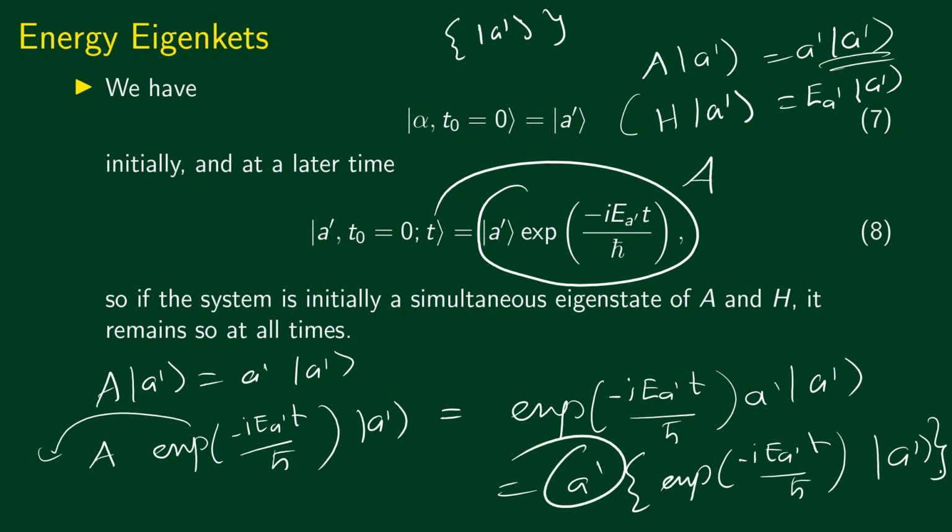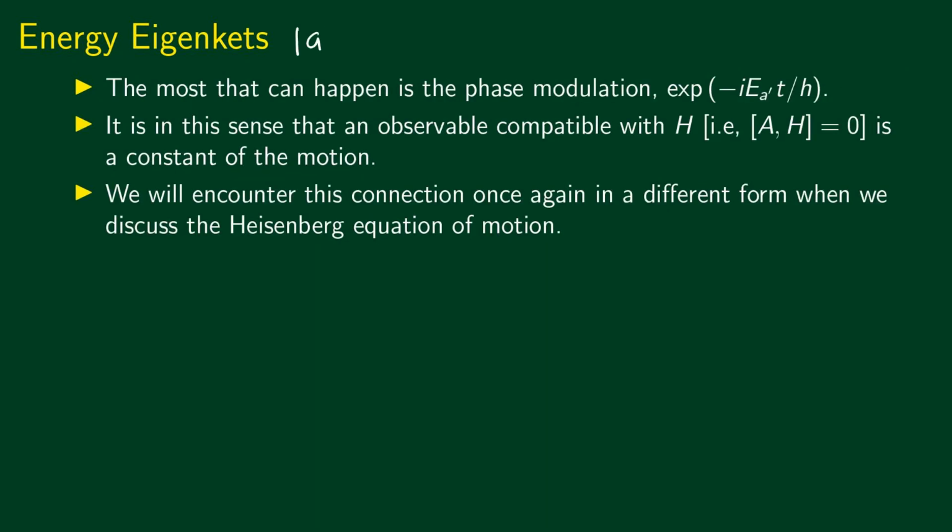In the same way, this is also an eigenket of the Hamiltonian operator with the same eigenvalue E_a'. So if the system is initially a simultaneous eigenstate of A and H, it remains so at all times. If you start with a simultaneous eigenket of operator A and the Hamiltonian, it will remain so at all times.